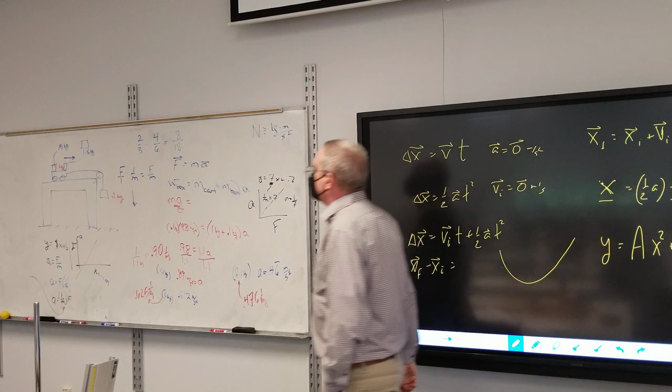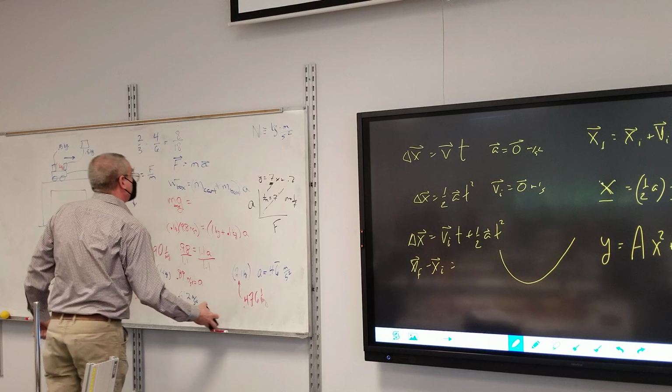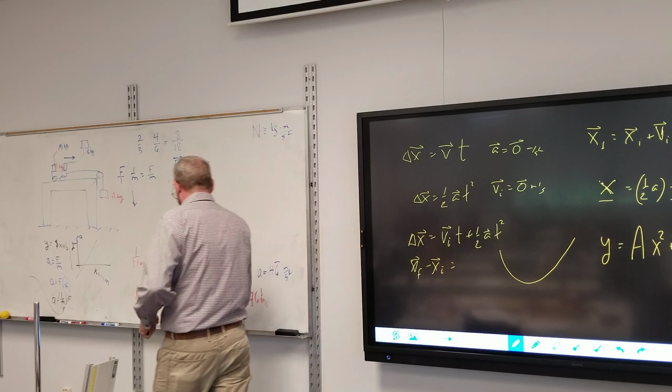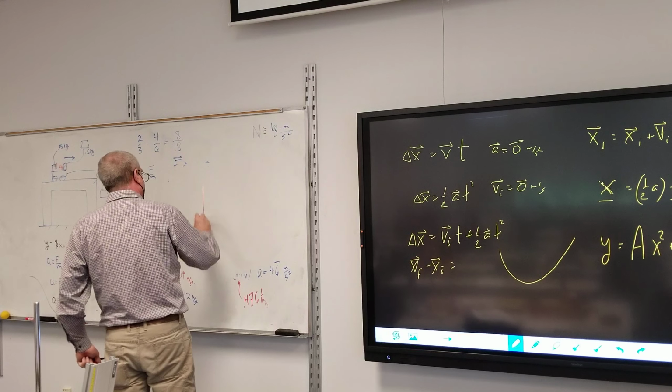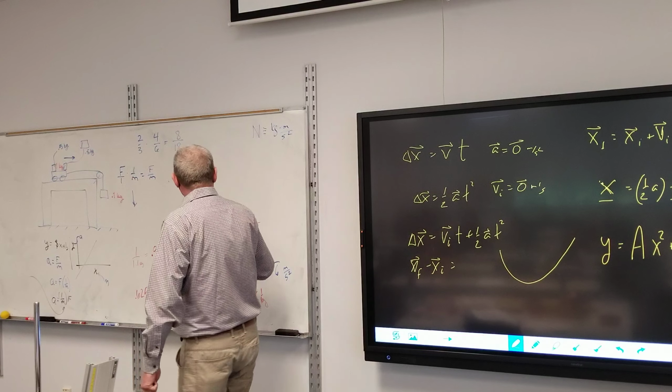So if I put a motion sensor right here to track that cart as it moves down, what the graph will look like is, this is my position and time.